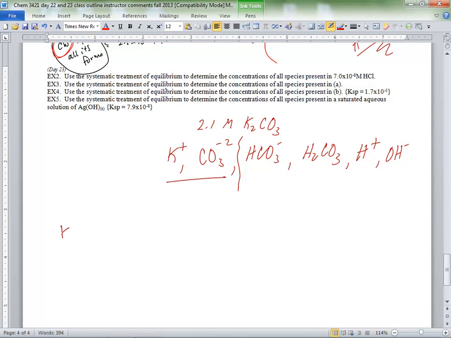Okay, I can write a Ka expression with carbonate in it. That's going to involve this guy, going to H plus and carbonate. So I can write its Ka expressions. I had to write the equation, otherwise I might screw up writing the Ka expression. Products over reactants.